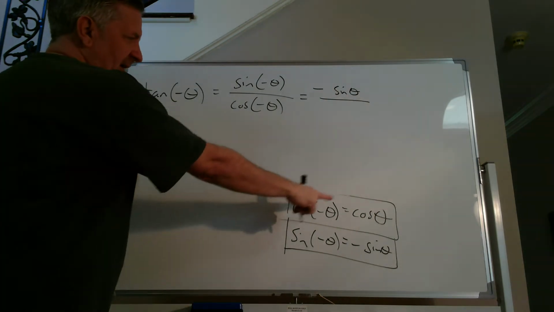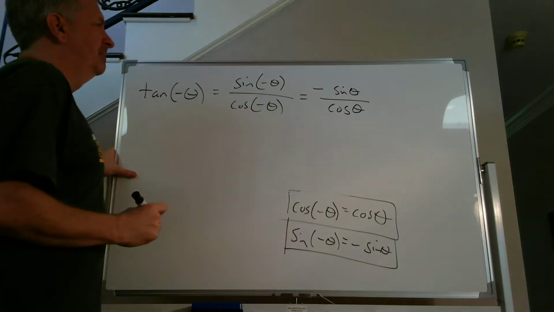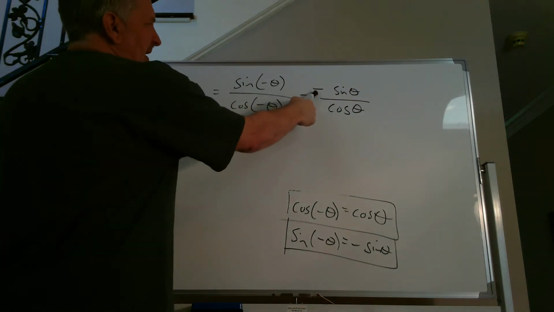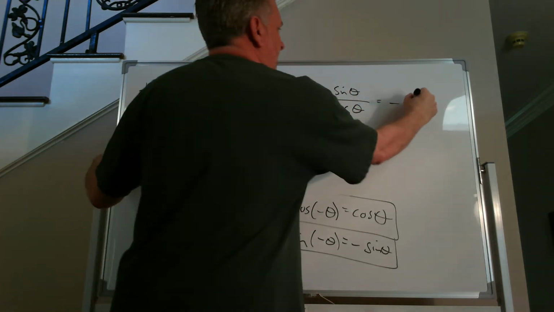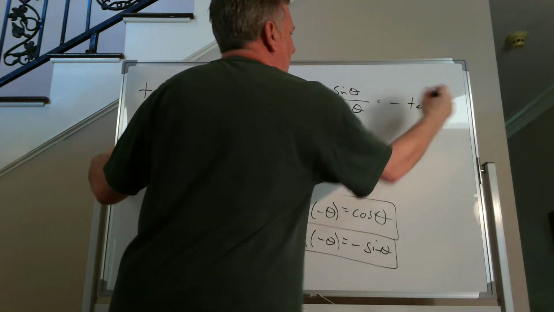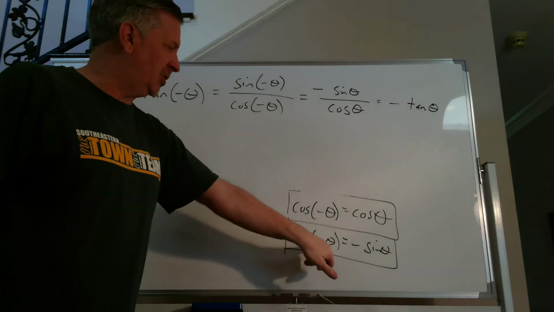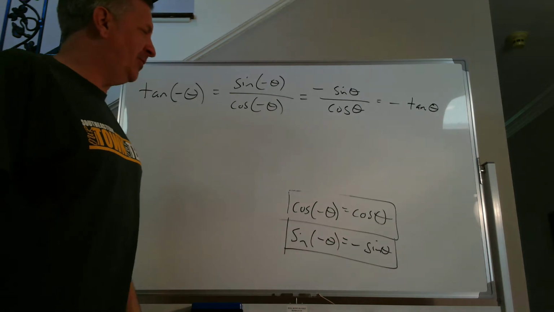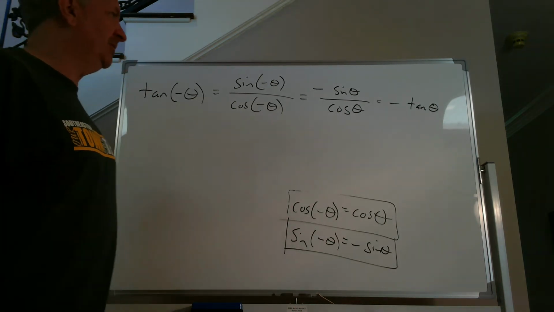And cosine of negative theta is the same as cosine theta. So now I have the negative out front, and sine theta over cosine theta is tan of theta. So notice tan of negative theta is negative tan of theta, and it works like sine. If you remember from college algebra, these are odd functions. And cosine's an even function.